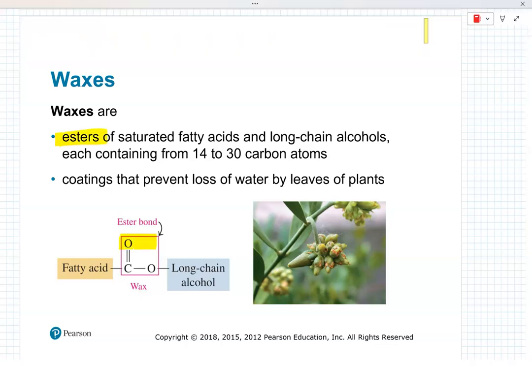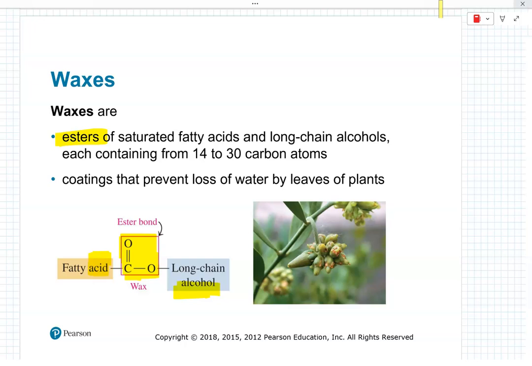So remember that the ester bond here, okay? So this ester bond is always formed by a carboxylic acid, and fatty acids are carboxylic acids, and an alcohol. In the case of waxes, it's going to be some kind of a long chain alcohol.